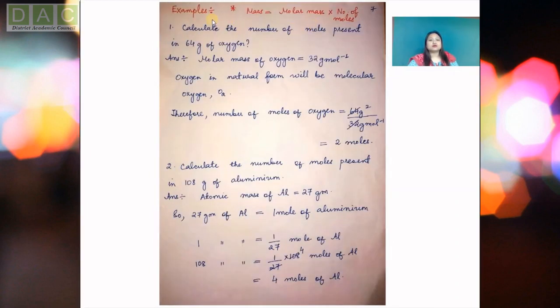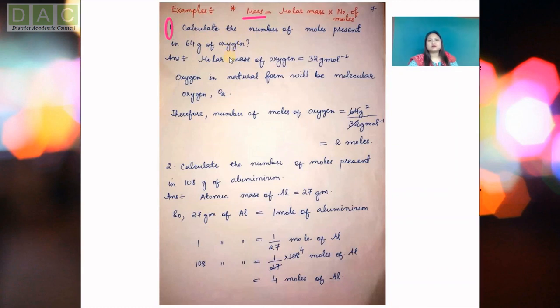So in order to clear the concept of mole and mass, we can calculate some numericals. Before that, we need to know a formula, that is mass and molar mass formula. Mass is equal to molar mass into number of moles. So in the first example, calculate the number of moles present in 64 gram of oxygen.